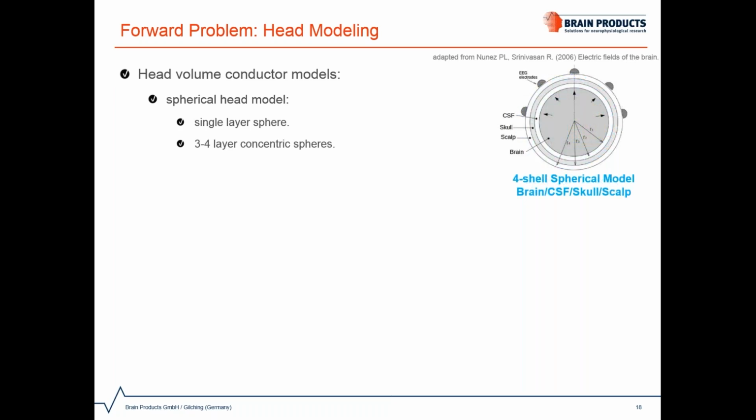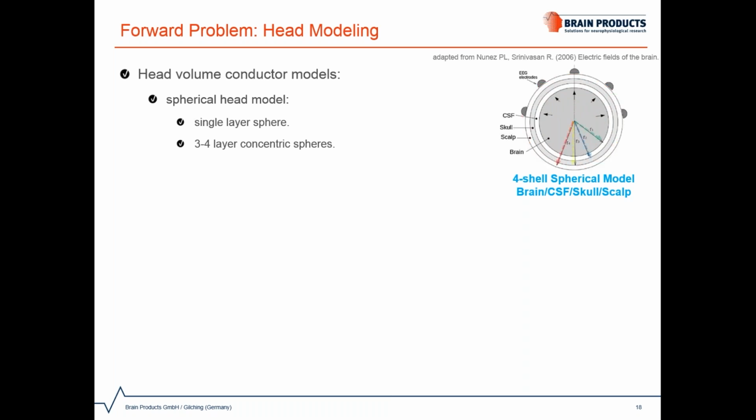Here on the right, you can see the four-shell spherical model, where the innermost sphere represents the brain, followed by a second sphere representing the cerebrospinal fluid, or the CSF. The intermediate sphere represents the skull, and the outermost sphere represents the scalp. Each layer has a homogeneous isotropic conductivity.